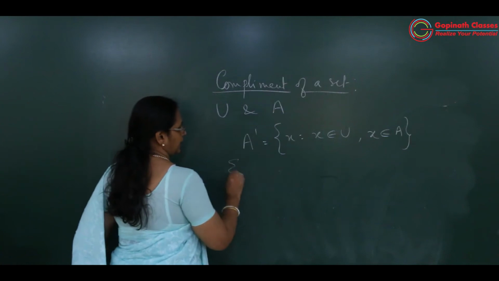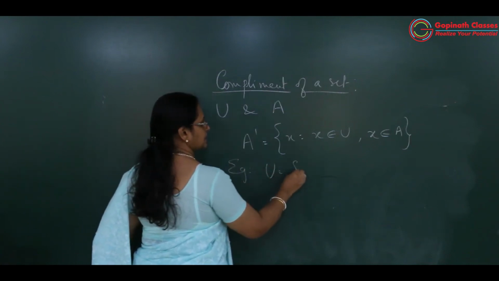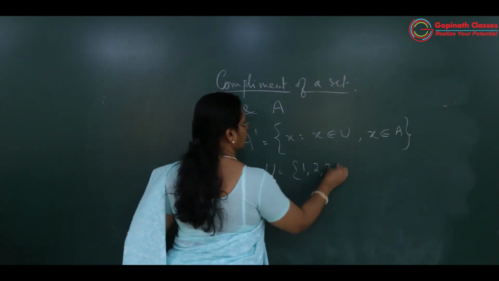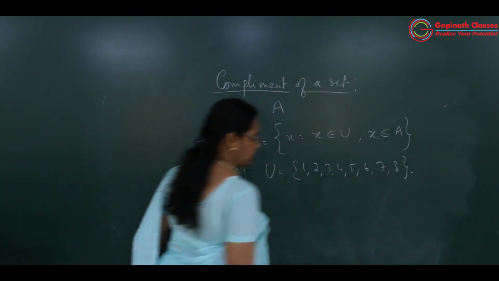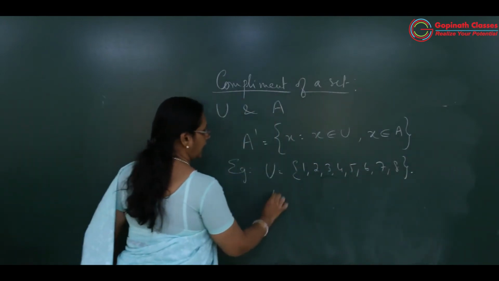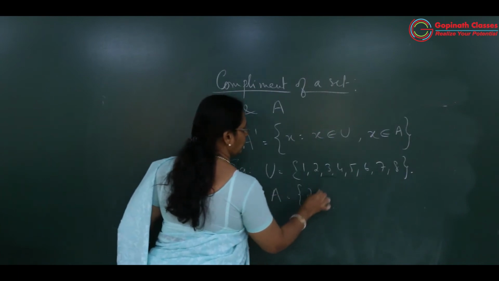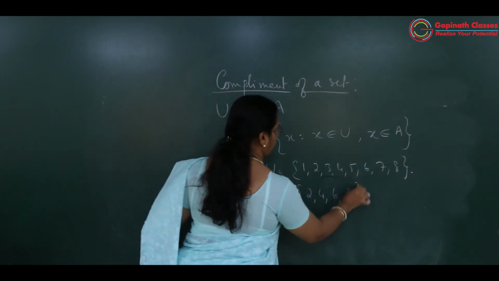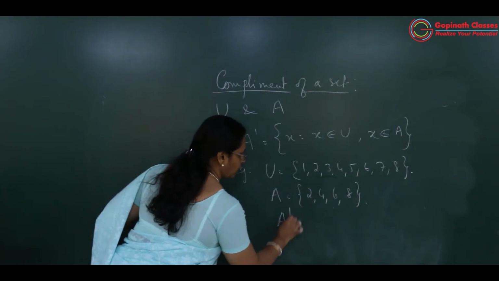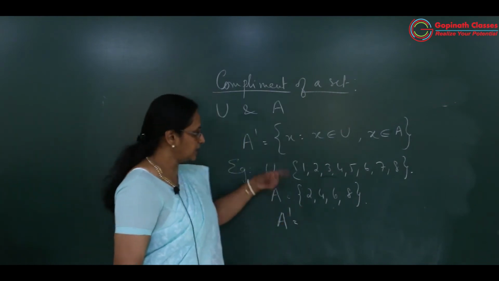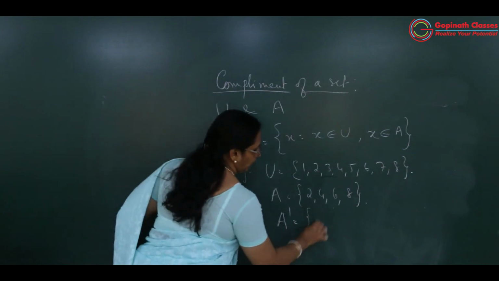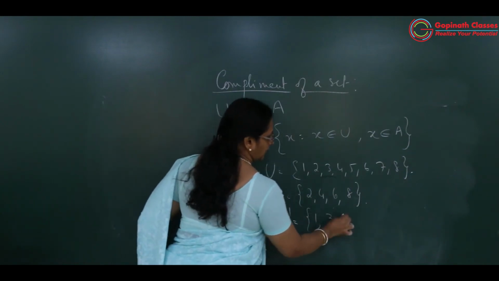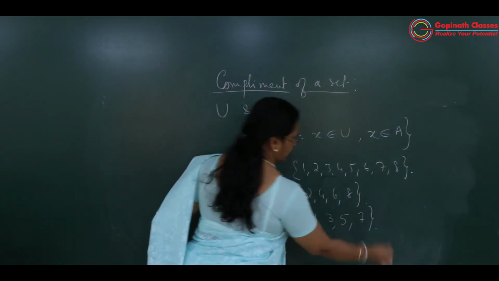For example, I'll give you a universal set: 1, 2, 3, 4, 5, 6, 7, 8. This is a universal set. A is given as 2, 4, 6, 8. So what can be its complement? The elements which are there in U but not in A. They are 1, 3, 5 and 7.